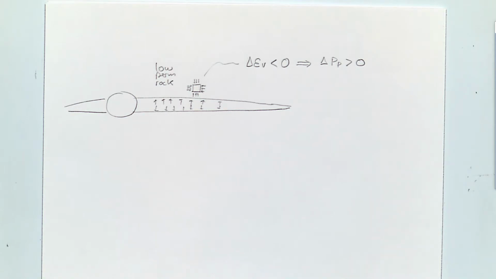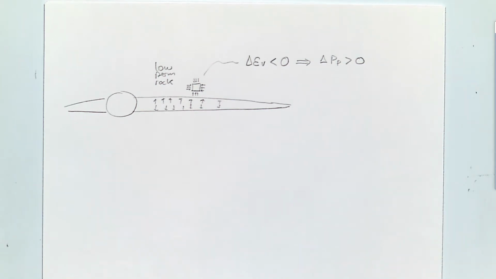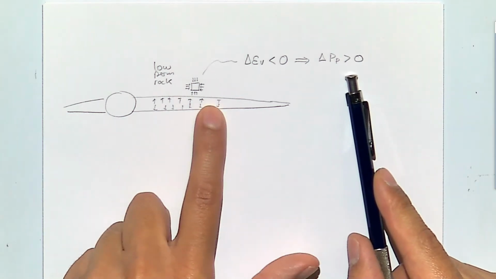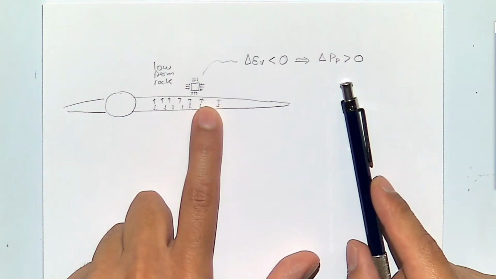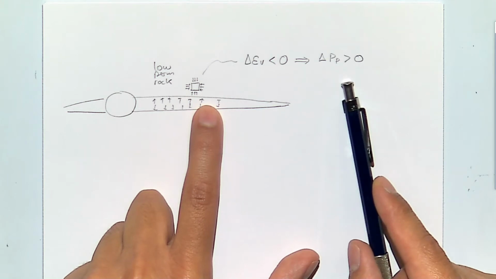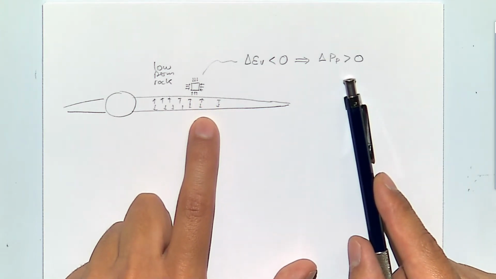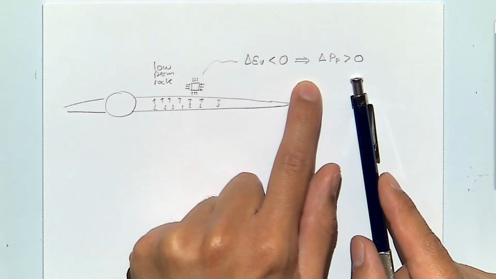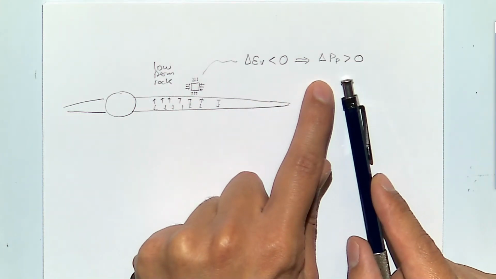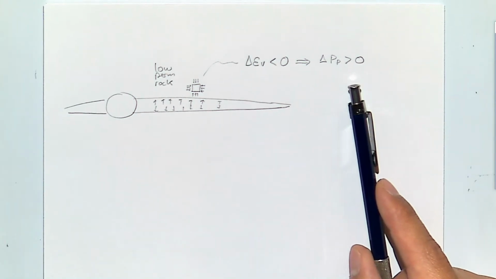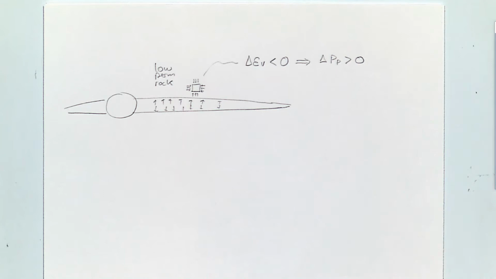How much it increases, again, will depend on the properties of the rock, but especially, in this case, on the compressibility of the fluid inside. If you're doing this in a gas reservoir, the gas is going to have a high compressibility. Probably the increase in pore pressure is going to be small. But if you do this in an oil reservoir, that compressibility is going to be a lot smaller, and the change of pressure is going to be a lot higher.